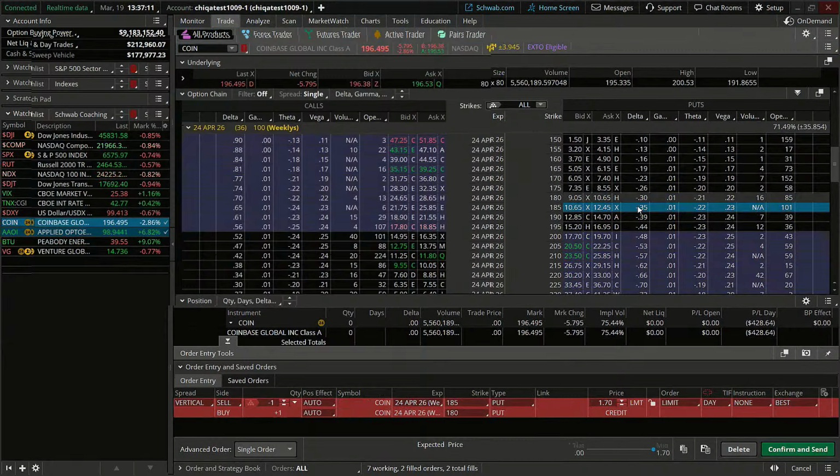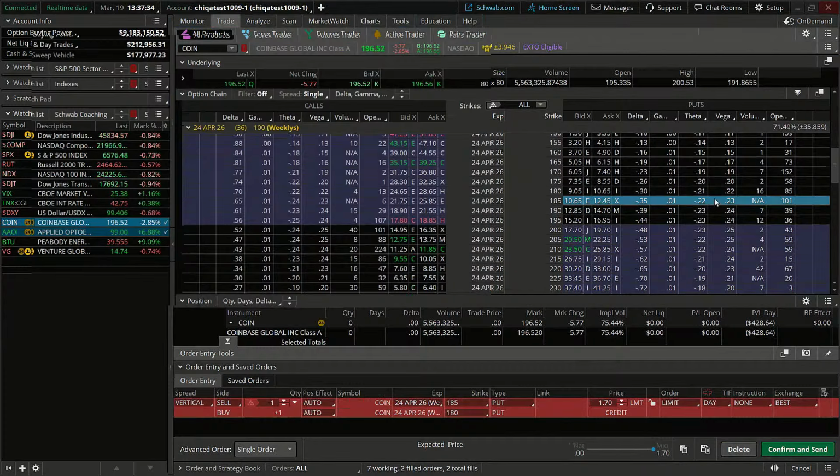If you look at the delta there on our short strike, that's telling us obviously a $1 move in the stock, that's telling us how much our option's going to move. Also a little bit of a probability as well. With the smaller delta, you're going to have a larger probability of that option expiring out of the money, which is what we essentially want with this trade.